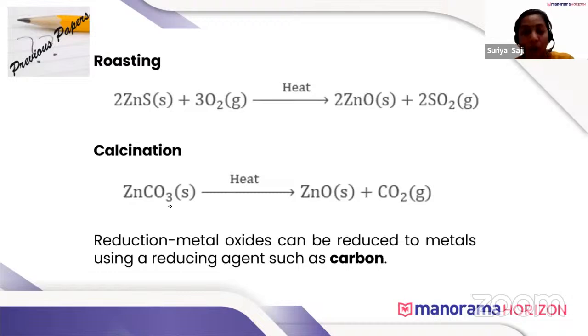This is a carbonate ore, and that was a sulfide. We get zinc oxide and carbon dioxide. For reduction, metal oxides can be reduced to metal using reducing agents such as carbon or coke. Coke is another form of carbon that we have already studied.